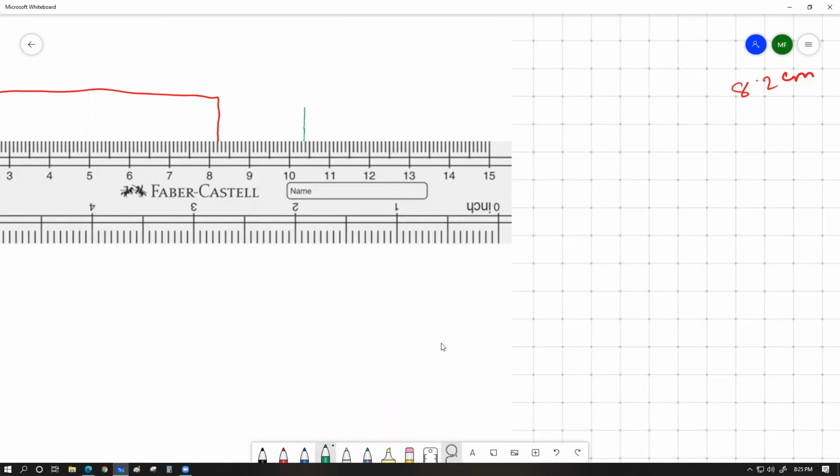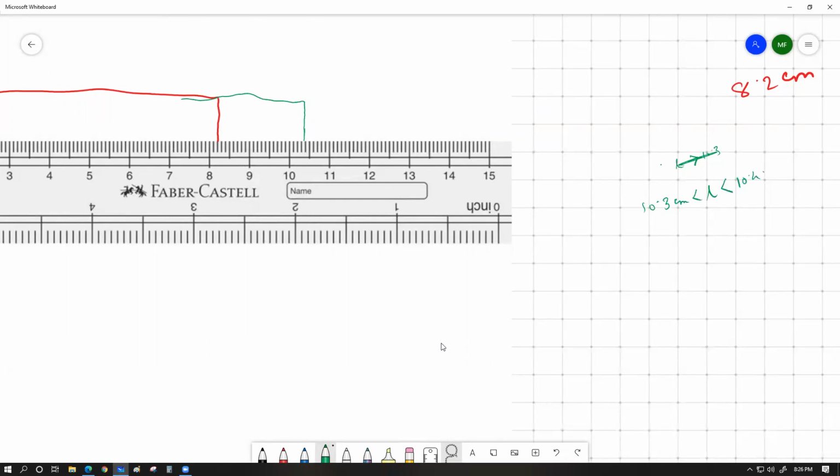So let's say this is the end point of another object. So it's not perfectly aligning with either 10.3 or 10.4. So we do understand from the observation that the length is more than 10.3, and I can write that the length of the object is more than 10.3 centimeter and less than 10.4 centimeter.